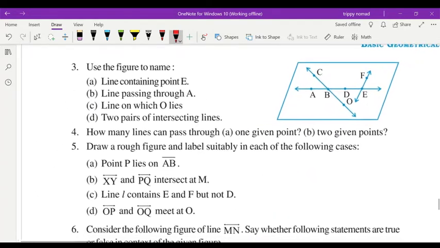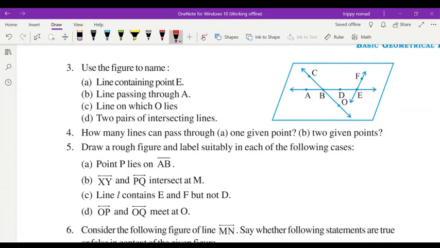Now next, question number 3, we are going to start. Use the figure to name the line containing point E. Which is the line containing point E? Here you will find point E. What is the name of the line? I hope everybody knows this one. You can see the cursor moving, I am showing this complete line for you.